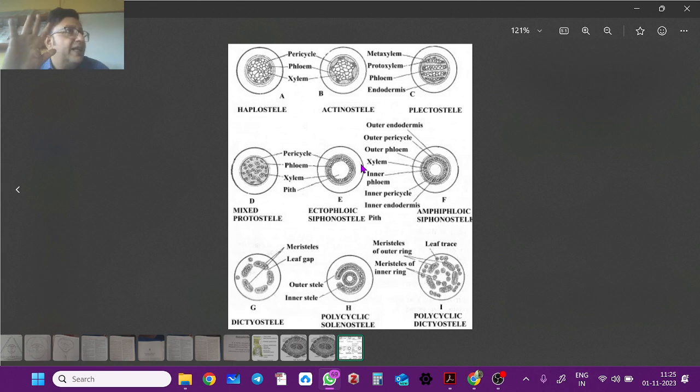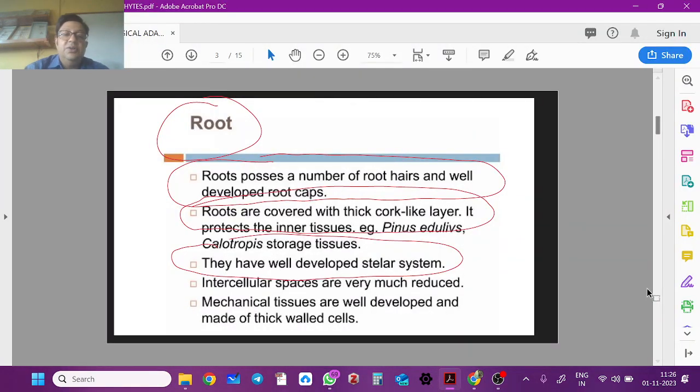We don't have to go into that, just to understand what is a stellar system. So they have a well-developed stellar system. That means they have got a pith, inner pericycle, inner phloem, outer phloem, xylem, outer pericycle, outer endodermis. Then you have the other xylem phloem tissues from outside, the parenchymal tissues. And then on the outside epidermis, and you have the cuticle covering.